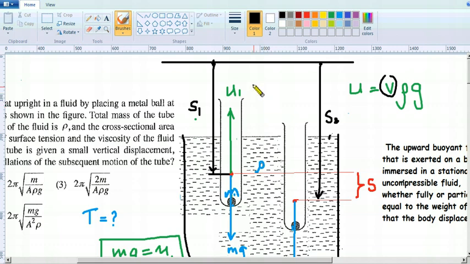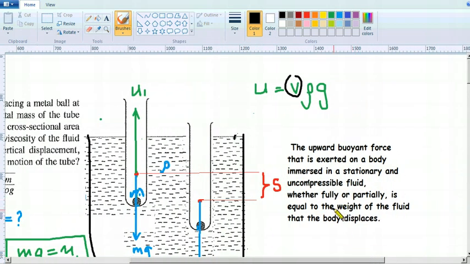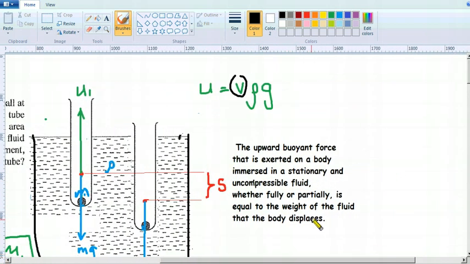Displacement must be measured from a fixed point like this. However, we don't criticize those things. So however, this is Archimedes' principle in words. So we must write stationary.